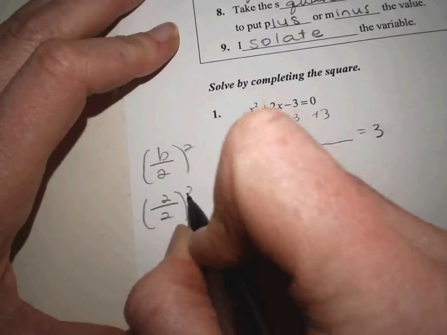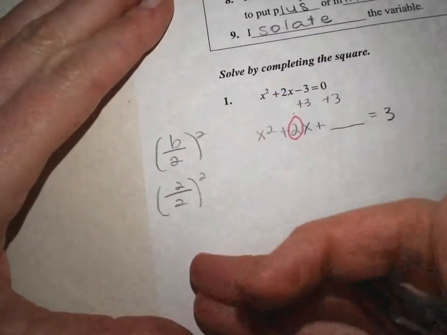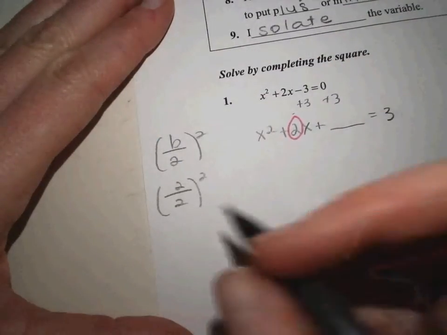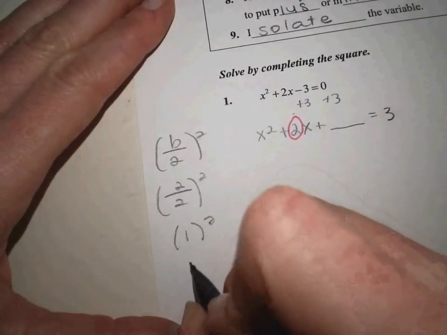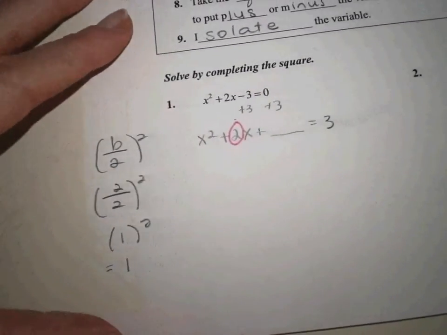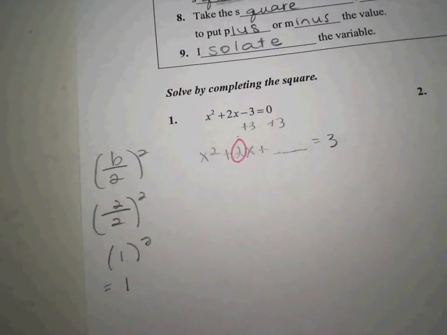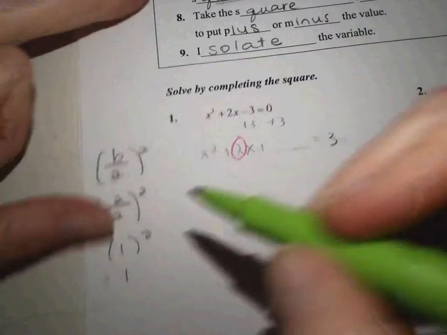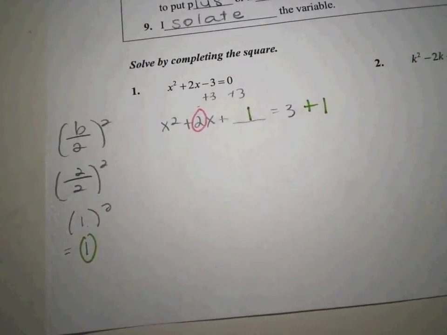So 2 divided by 2 squared. I do this off to the side so I can keep the flow of my problem going. It equals 1 squared, which is 1. So that's the number that I'm going to add to both sides.